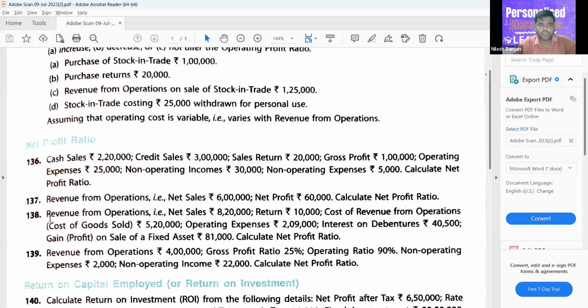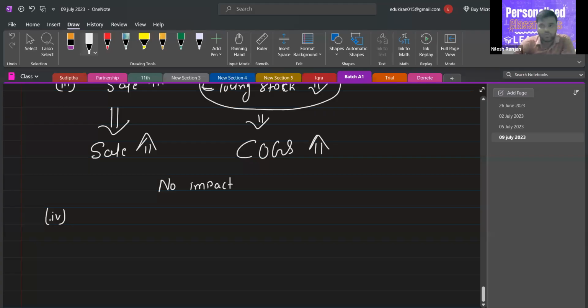The stock in trade costing rupees 25,000 withdrawn for personal use. Now, when we withdraw goods for personal use, where will be the impact in the trading account?